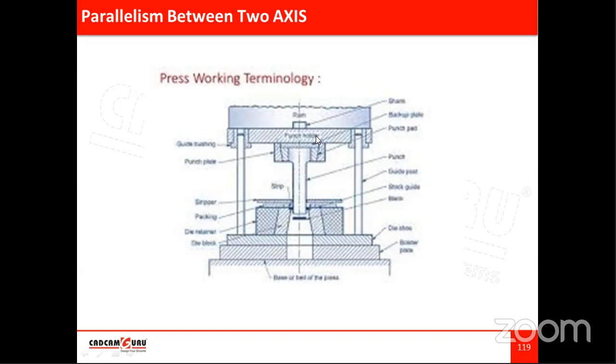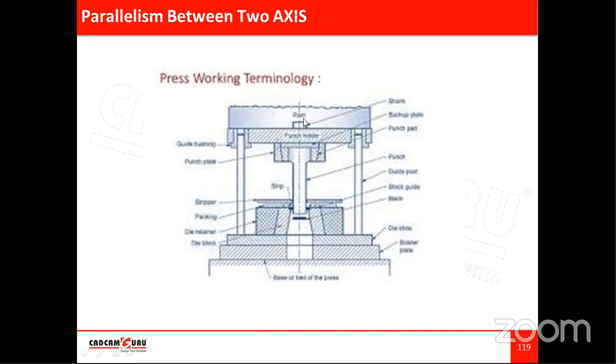So first, these guide pillars will come in contact with this bush. They will get inserted inside this hole so that alignment will be maintained. If there is some shift, due to this assembly and this action, it will be aligned again.